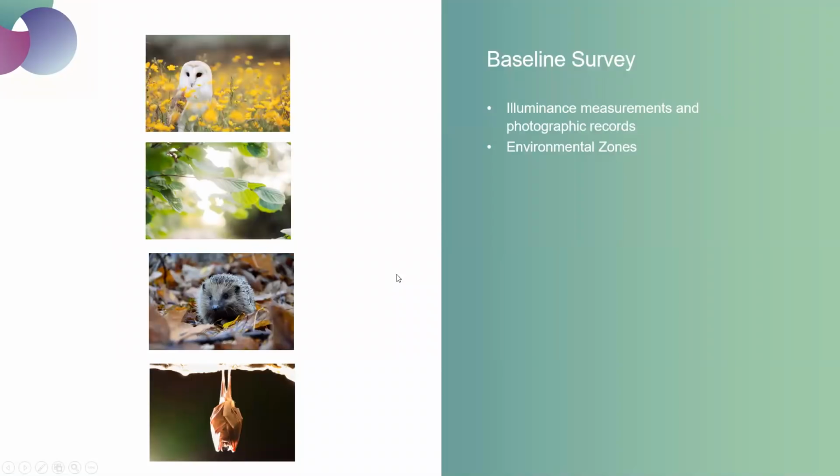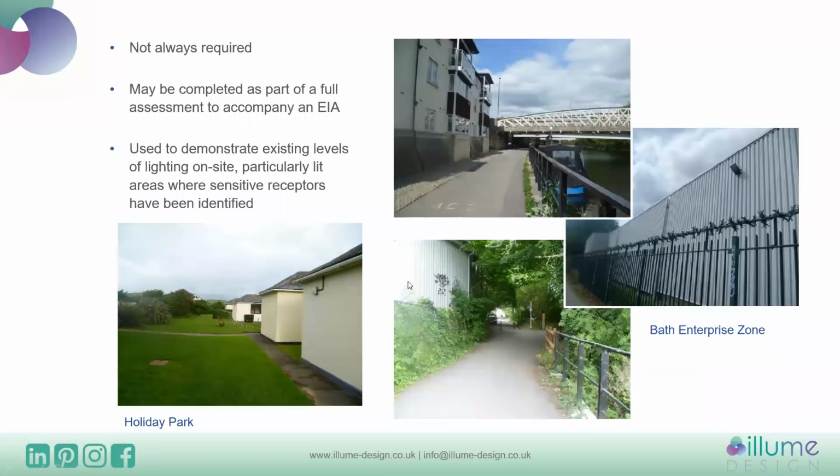So, baseline survey. These are not always required. It may be completed as part of a full assessment to accompany an EIA, ES statement. But also in some instances with planning applications, it's quite useful to demonstrate the existing levels of lighting on site, particularly where there are lit areas where sensitive receptors have been identified. So an example of this is the holiday park shown.